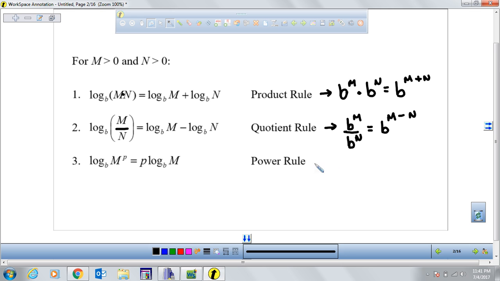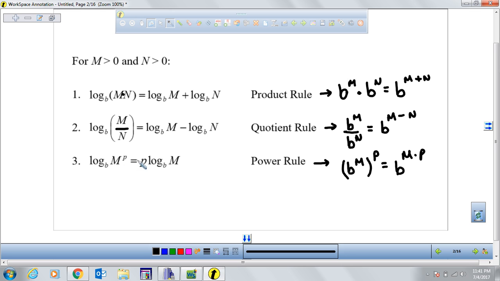And the last rule is called the power rule. This one states, when we talk about exponents, that when I have a base raised to a power and I raise that to another power, then you multiply the powers. It is basically the same thing here. When I have a log of something raised to a power, that's the same as having a power raised to a power, because remember the log represents a power.